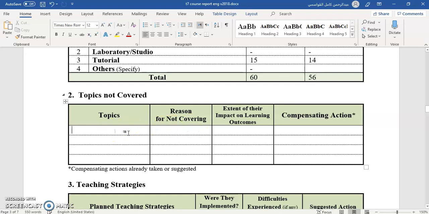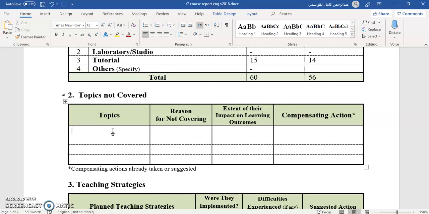So the topics that you didn't cover, you have to write here, based on the topics that should be covered in the course specifications. For example, you have 5 topics to be covered and written in the planned course specifications.